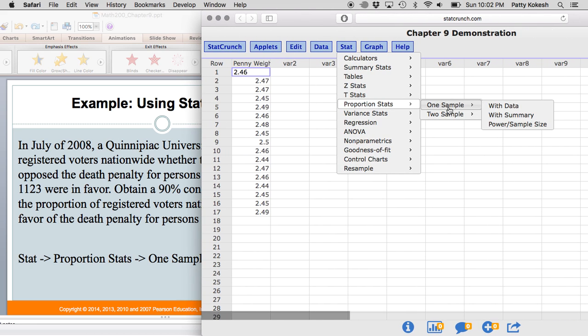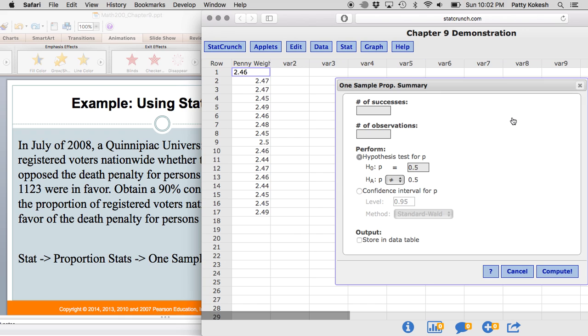Now, if we had a bunch of data, like one row for every person who was surveyed that said either in favor or not in favor, then we would do With Data. But our data is already summarized. We have the total number of people who were asked the question, and the total number of people who responded in favor. So we're just going to do With Summary here.